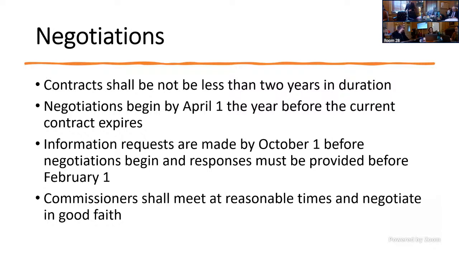So again, information requests are made the October before negotiations begin, and those responses need to be provided by February 1, so 2 months ahead of negotiations beginning. And then the commissioners shall meet at reasonable times and negotiate in good faith. And good faith is a standard term of art for labor negotiations.